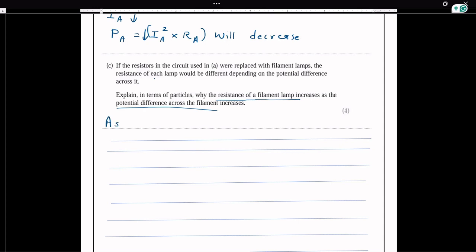So we'll start with: as V increases, which is what they want. If the potential difference increases, what is happening? As V increases, the current in the circuit increases.